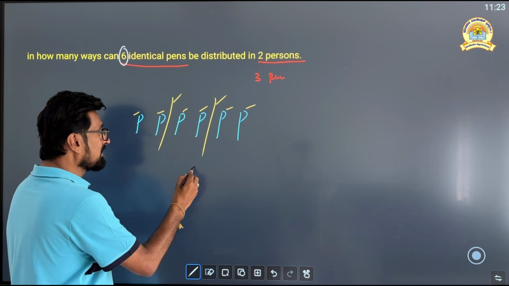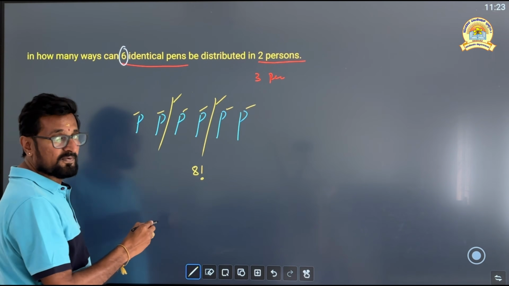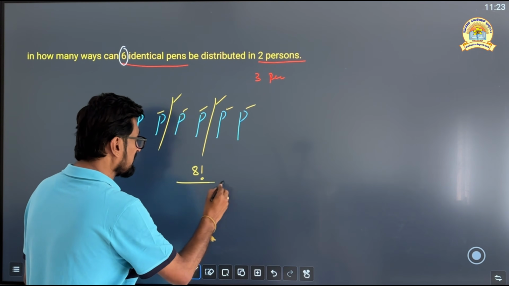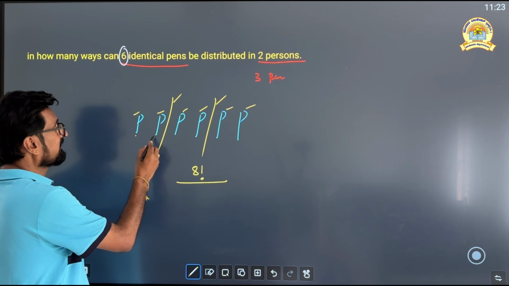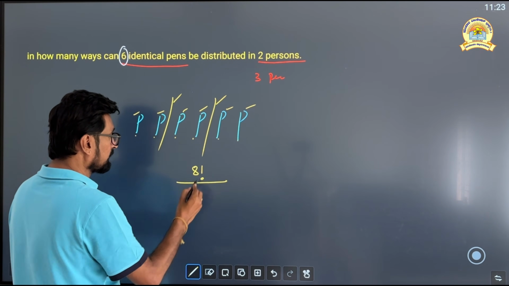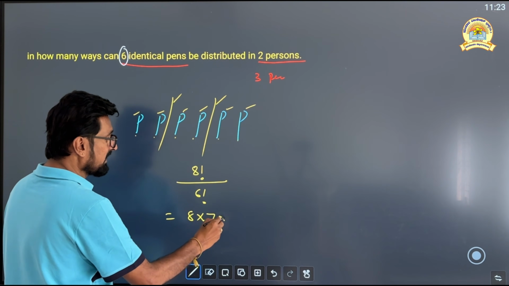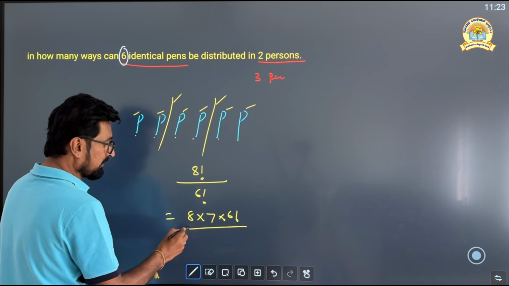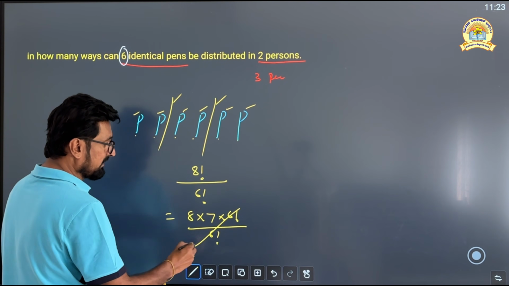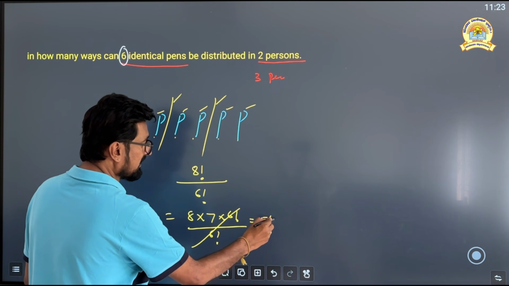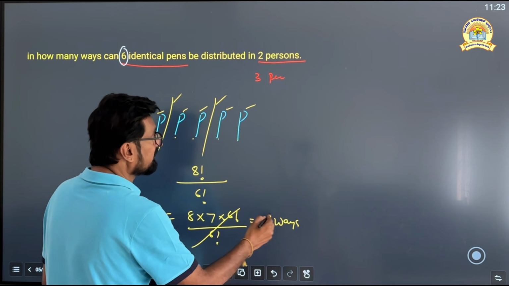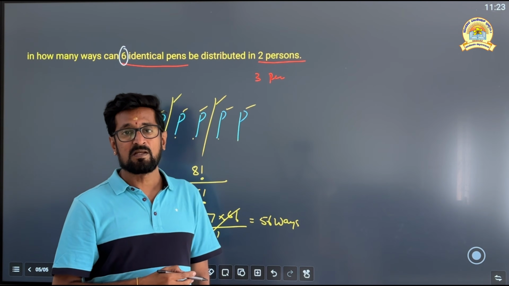8 things can be arranged among themselves in 8 factorial ways, divided by 6 factorial as there are 6 identical pens, which is 8 into 7 into 6 factorial by 6 factorial ways, which is equal to 56. So this is for 3 persons.